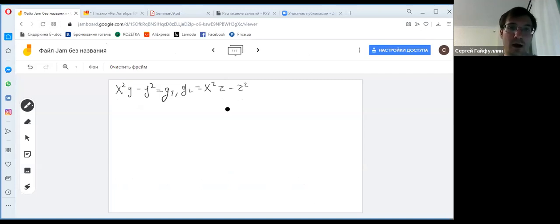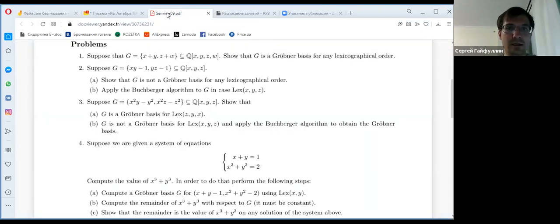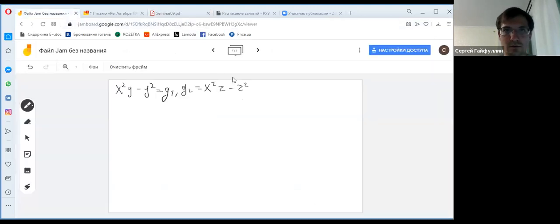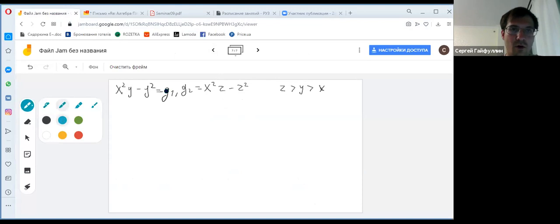As polynomials depend on ordering, of course, because leading terms depend on ordering. Okay, first of all, we want ordering z, y, x. So z is bigger than y is bigger than x. Okay, we compute just what is the leading term of G1.